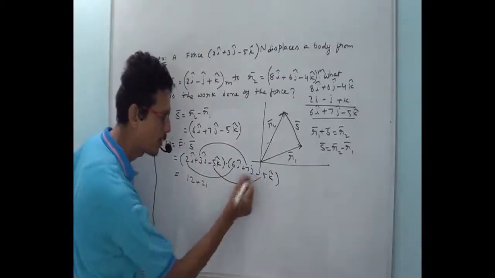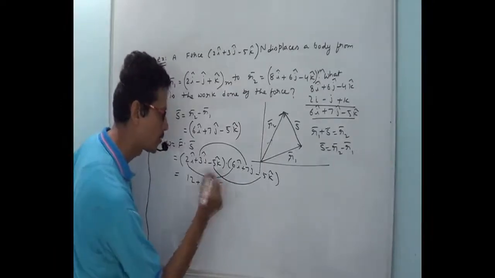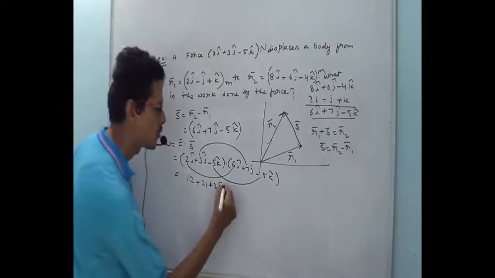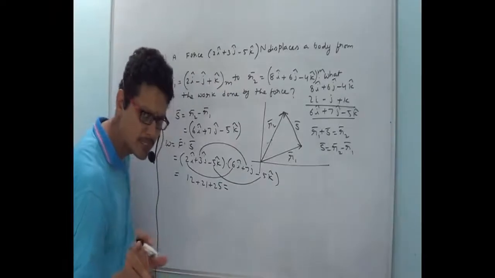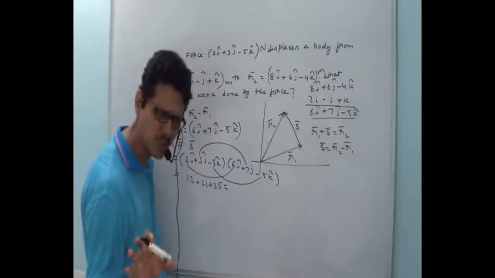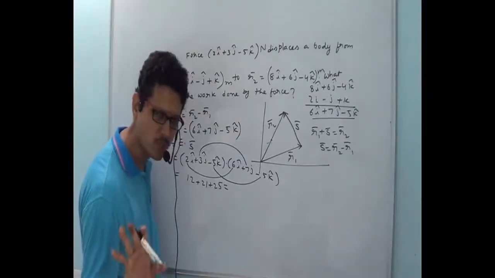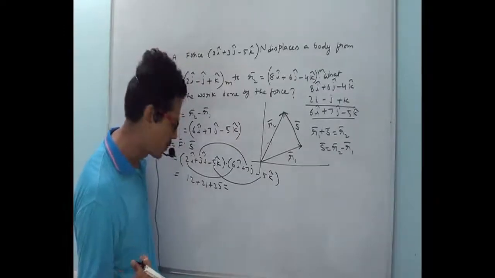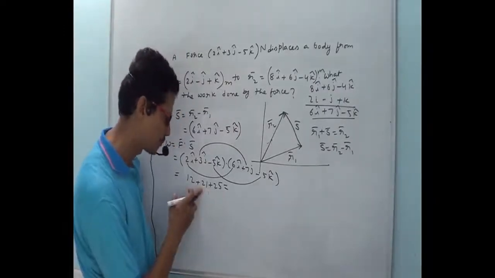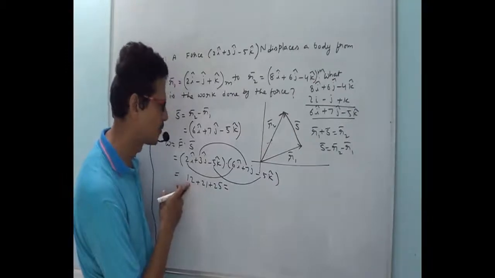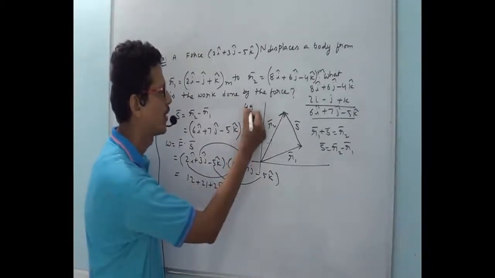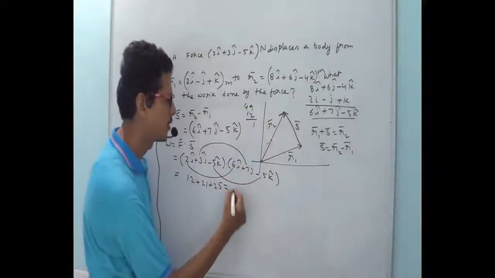And minus 5 into minus 5 plus 25. So even if you get minus 20 joules, don't bother about that. Negative work also will be there. This is how much? 49 plus 12. How much is this? 61 joules.